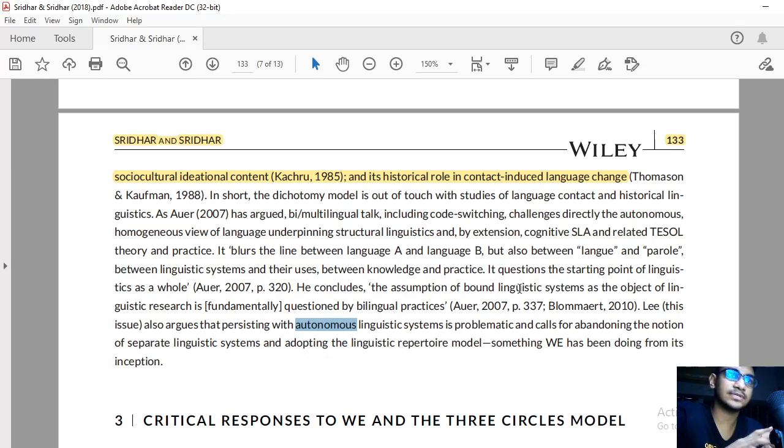If we prioritize a language's functional value, then it is not autonomous, because it does not have power on its own. Its structure does not give it power, but we, the users of language, give the language its power. So it is not independent, and autonomous is related to independence. This calls for abandoning the notion of separate linguistic systems and adopting the linguistic repertoire model, something World Englishes has been doing from its inception.